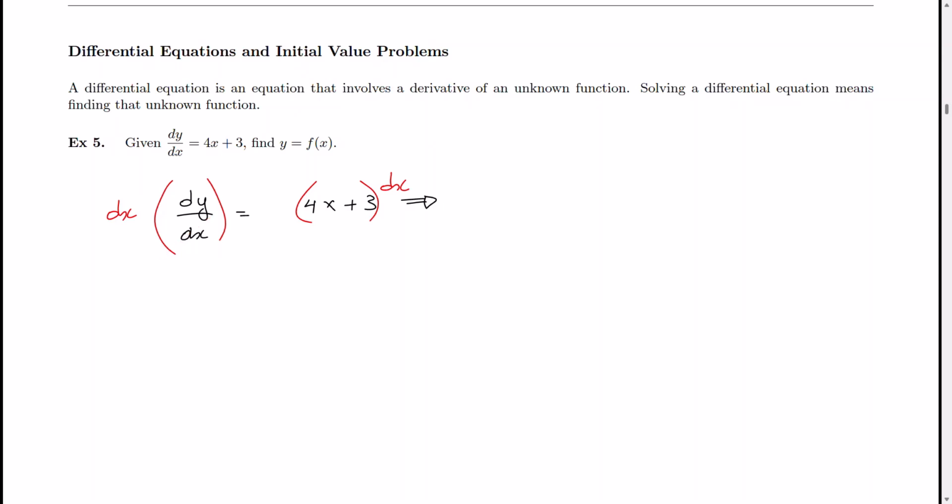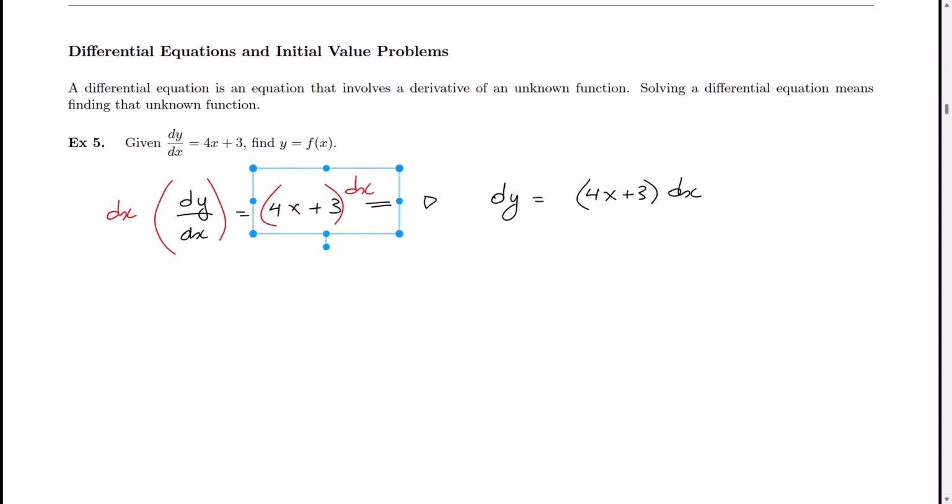And so this step can be done mentally, but basically what I want you to do is think of it like dy equal to 4x plus 3 multiplied by the dx. And now you're kind of seeing where that dx was coming from in the previous problems. We always had to write a dx at the end, and you can see where it came from. It's basically somebody doing this step for us.